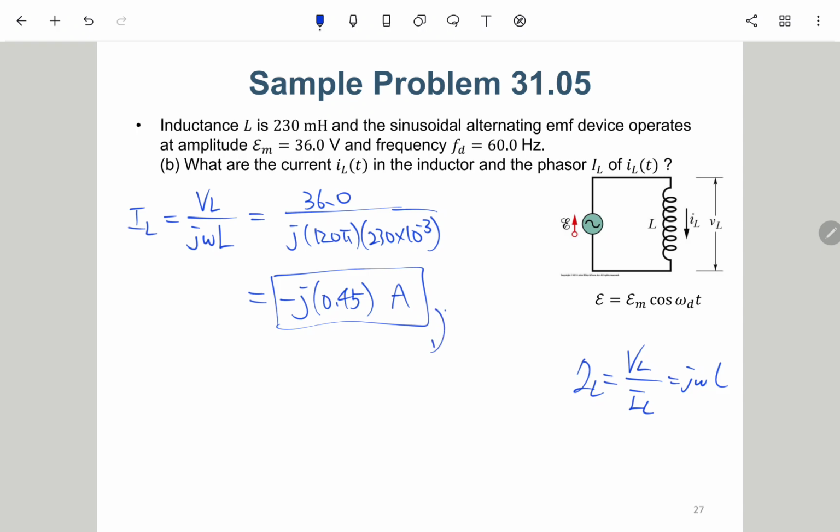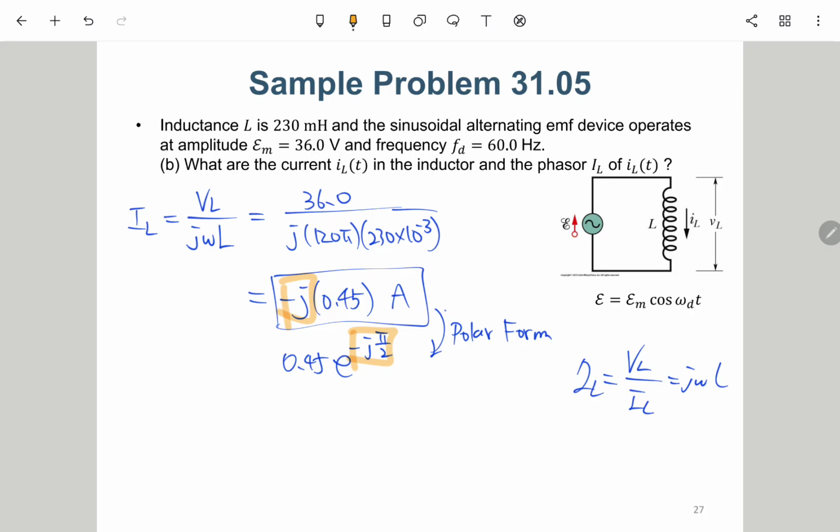So if you convert it into polar form, it turns out to be 0.45 exponential to negative j pi over 2. If you still remember, negative j will be something like this.